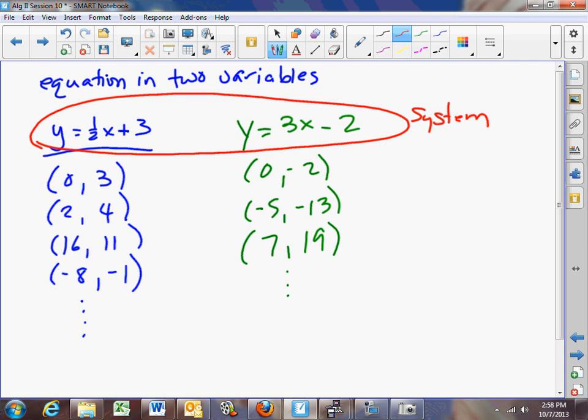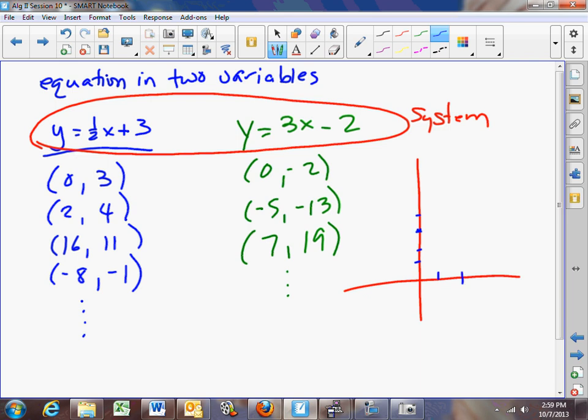With linear systems, the equations actually generate straight lines. And what we're going to see is that if we have a linear system, let's see if we can graph these two equations. So just draw a quick graph. y is equal to 1/2 x plus 3.